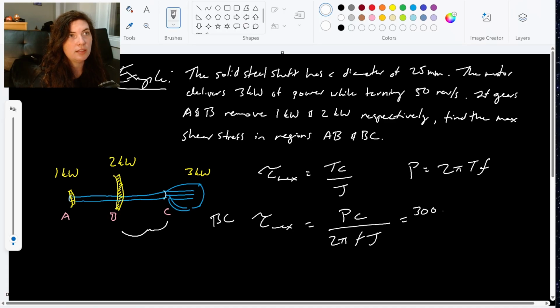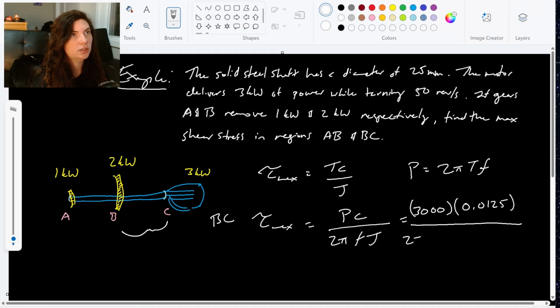So that's 3,000 watts times the C of the shaft, which is half of the diameter, right? C is the radius. So if I put that into meters, it's going to be 0.0125 meters, right? Half of the 25 millimeters converted to meters.